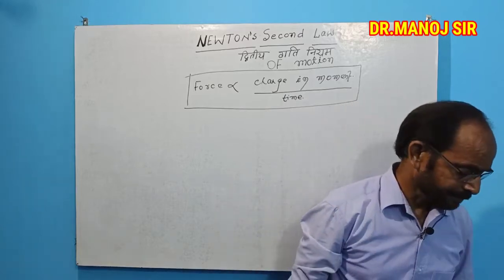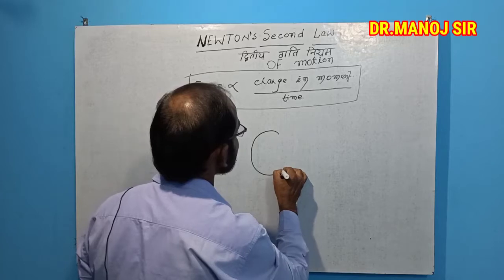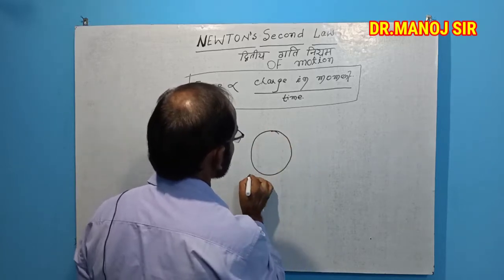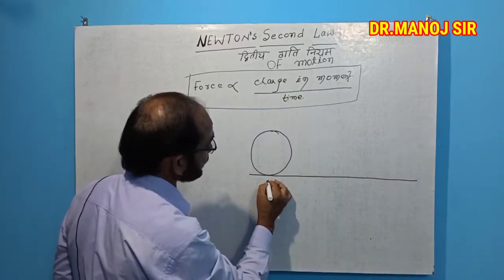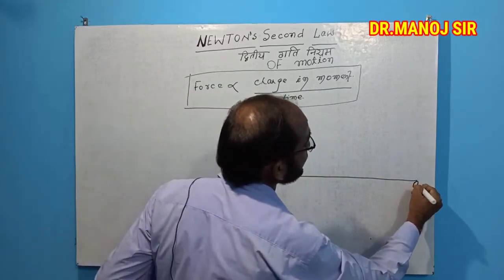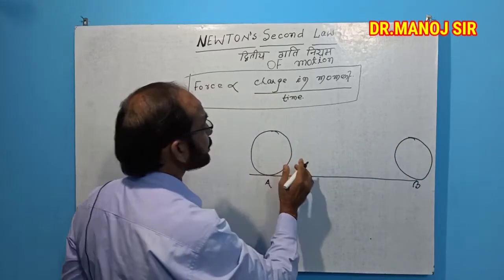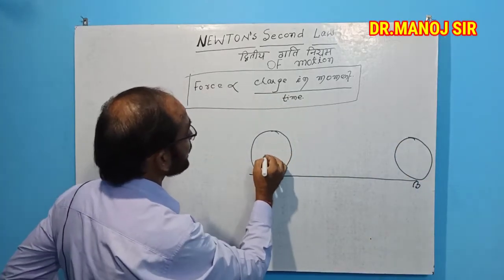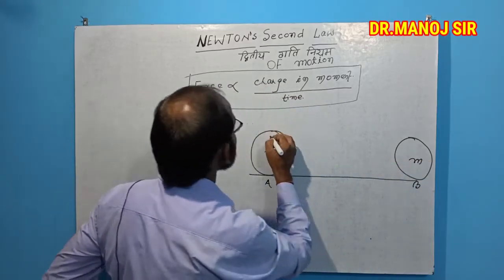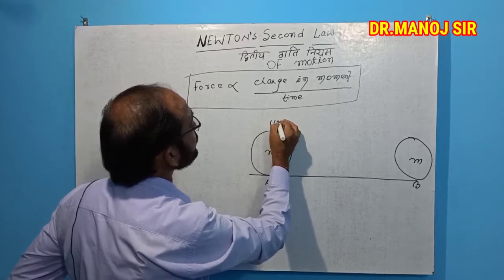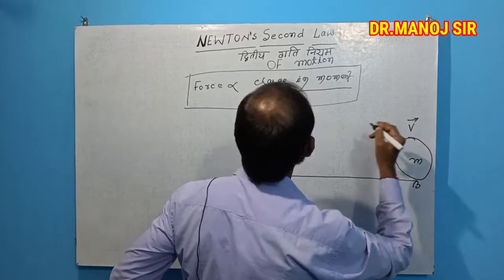Consider two bodies kept on the same surface at point A and point B. The mass of the object is m, and its initial velocity is u and final velocity is v.